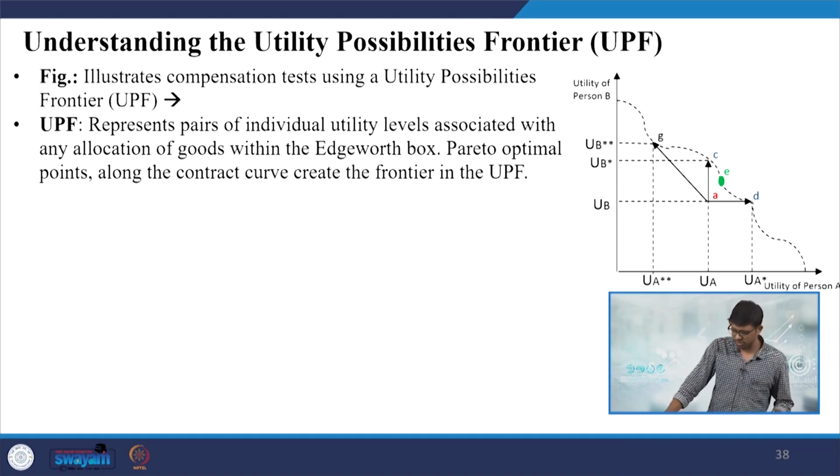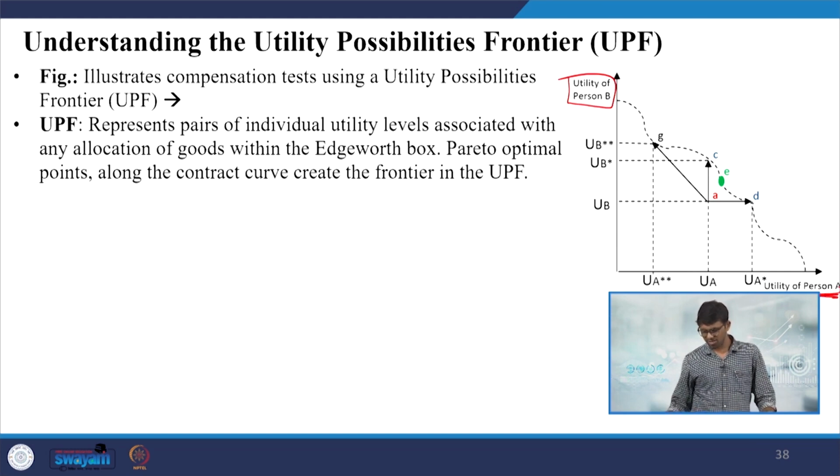This is the same Edgeworth box diagram, however, here the utility of person A is considered as against B. As we have seen on the contract curve, we have compared A to G and we have compared A to C and A to D in our diagram. We have largely discussed this.